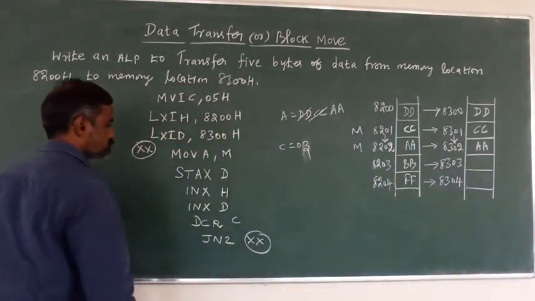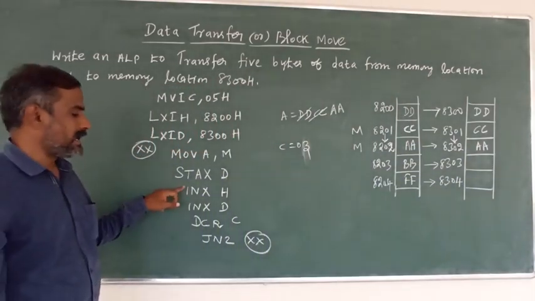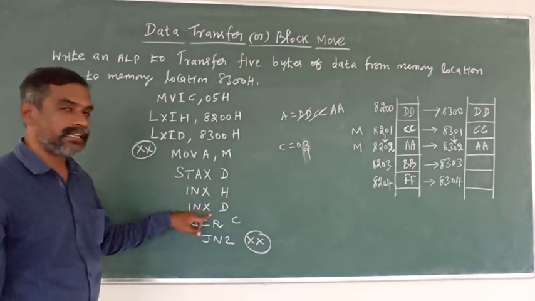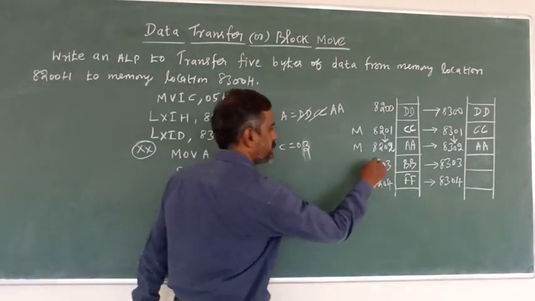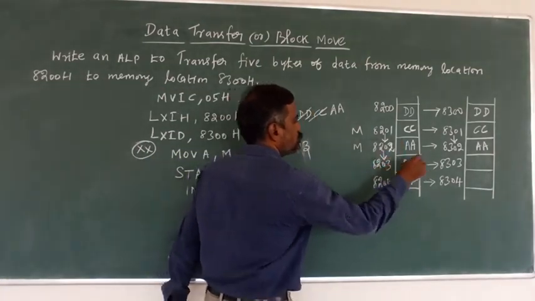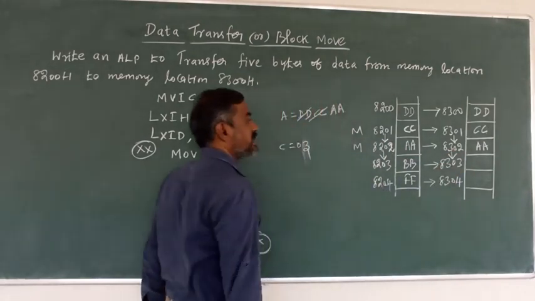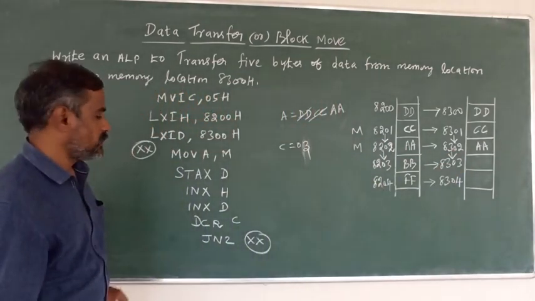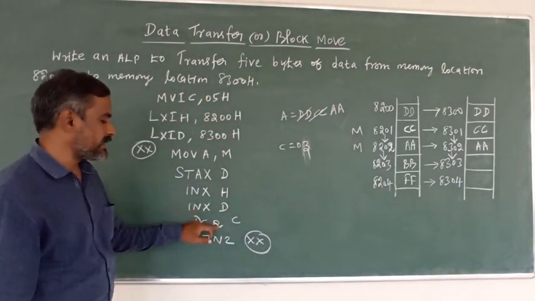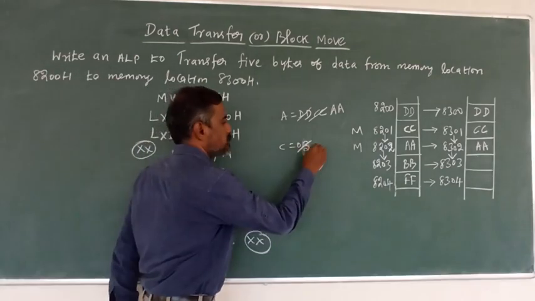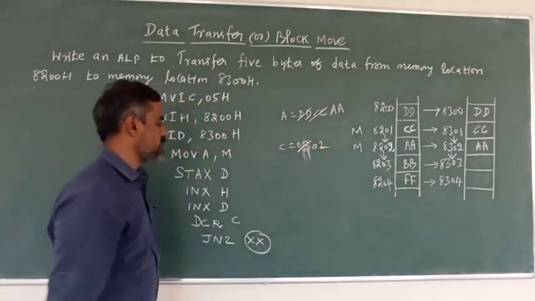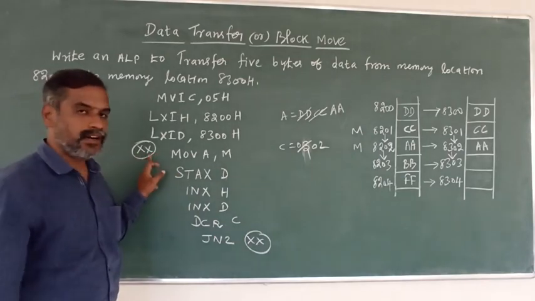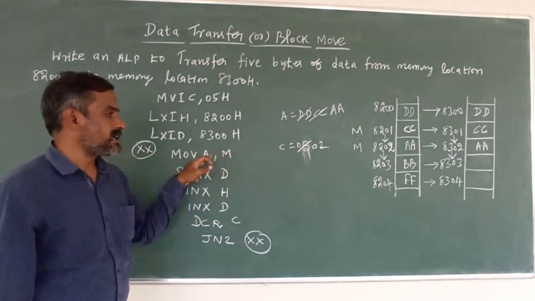Next, increment the addresses in HL and DE. Okay, now the address will be incremented from 8202 to 8303. Okay, now incremented, and decrement C, now C equals 02. Now check whether it is 0 or not. Not 0, again jump to here to move memory data to the accumulator.